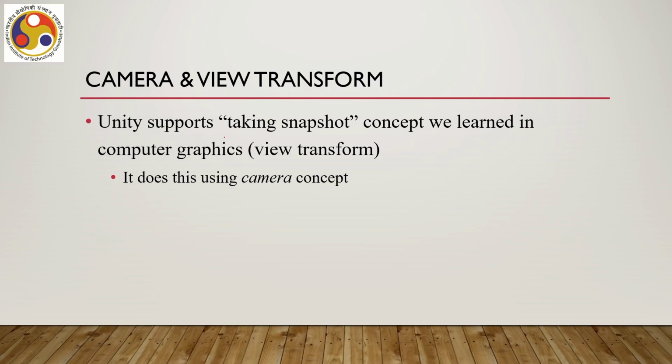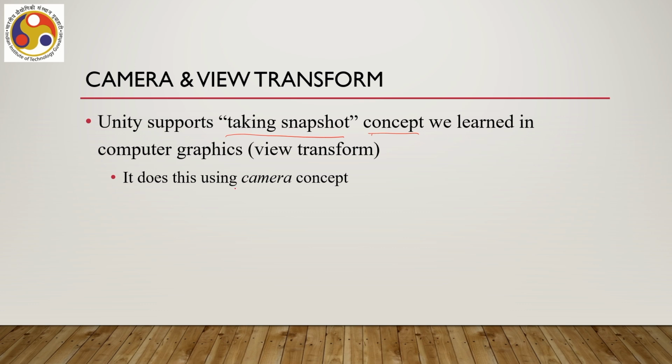Another important stage in the 3D graphics pipeline is the view transformation or view pipeline. So, Unity supports the taking a snapshot analogy that we have discussed while talking about the 3D graphics pipeline. Now, this concept is supported by the Unity development environment.